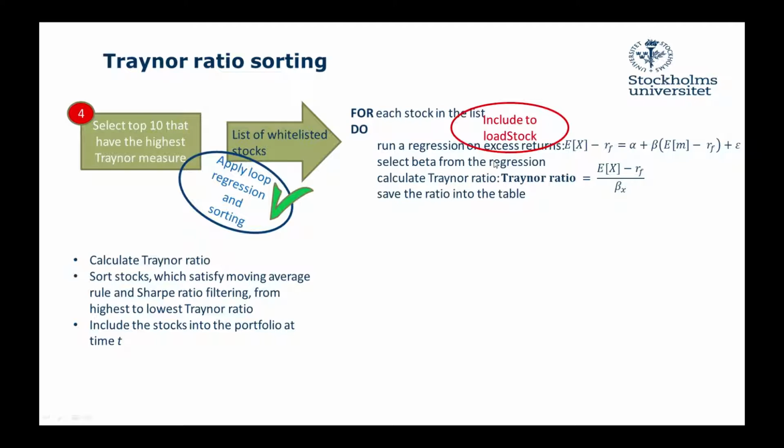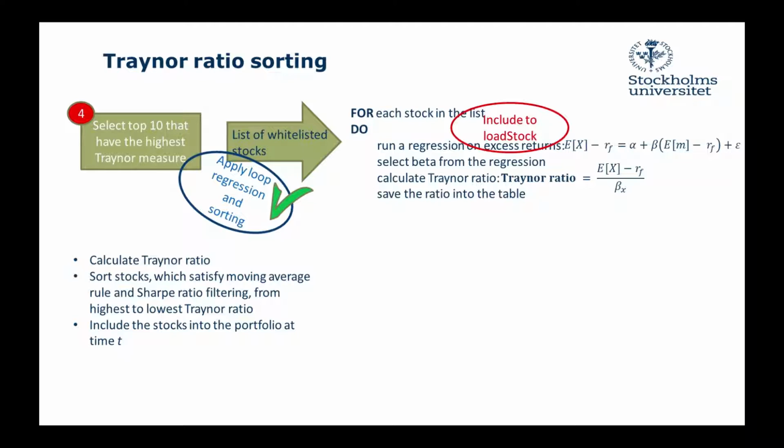I will not use expected return, I will use just log returns when I calculate the regression. It's completely okay for calculating betas, so there should not be any problems.